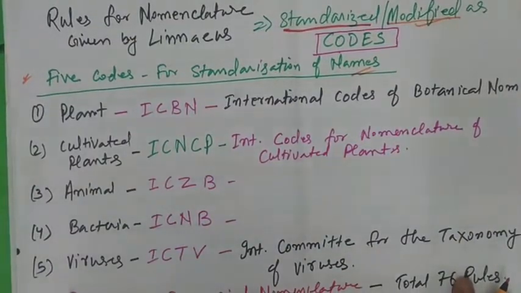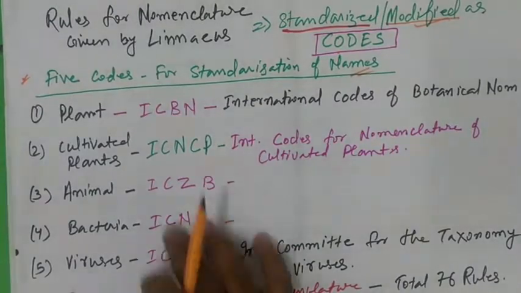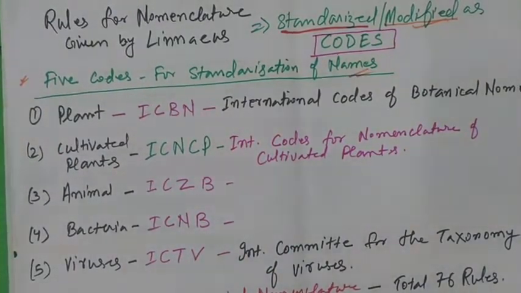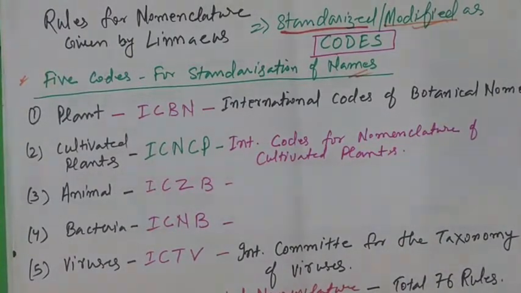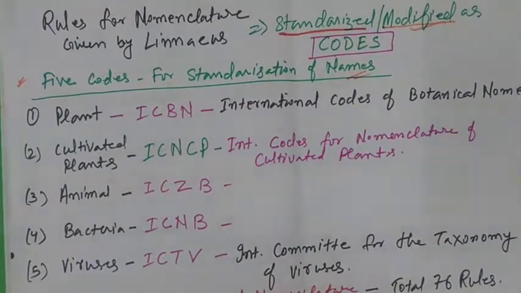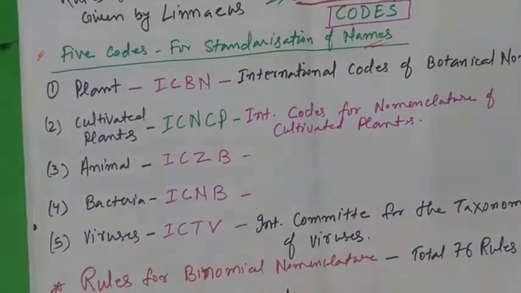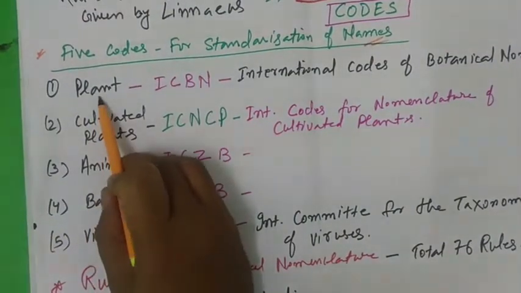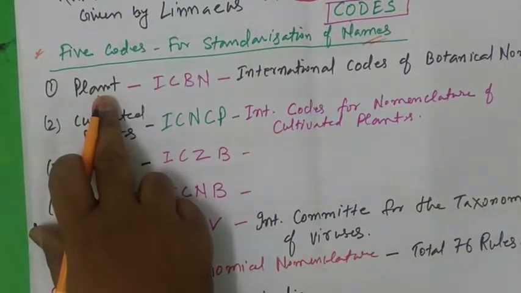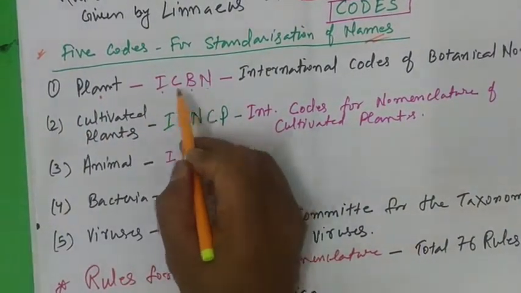Write all these codes in your notebook. Especially in the NCERT, none of the codes is mentioned, but in your package which is provided by our institute, all these names are given. Okay, no problem. The first one is for the plant. The code for plants is ICBN. This stands for International Code of Botanical Nomenclature. The second code is for the cultivated plants. The code is ICNCP.